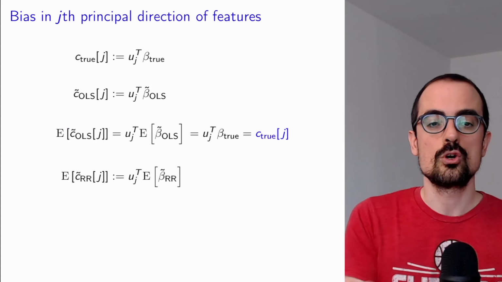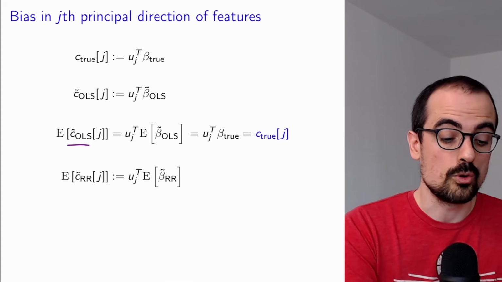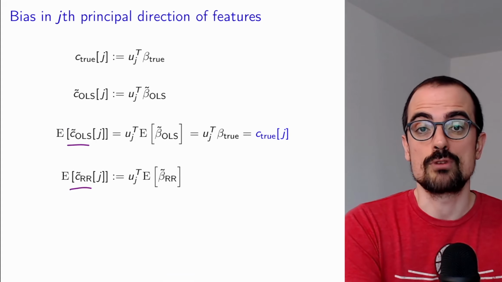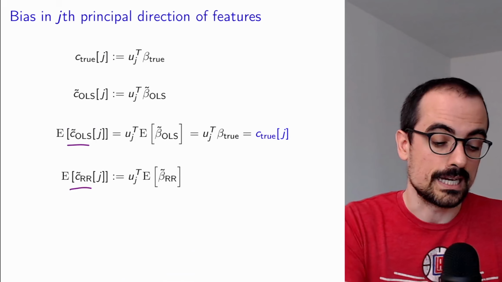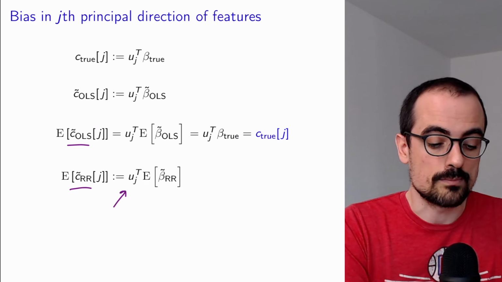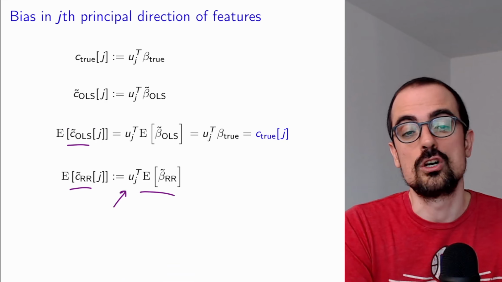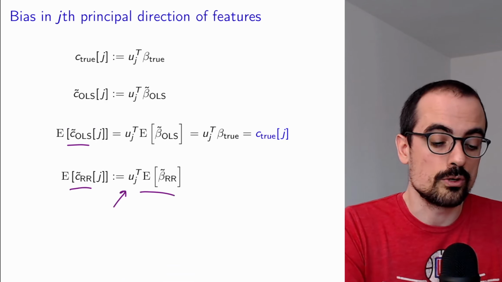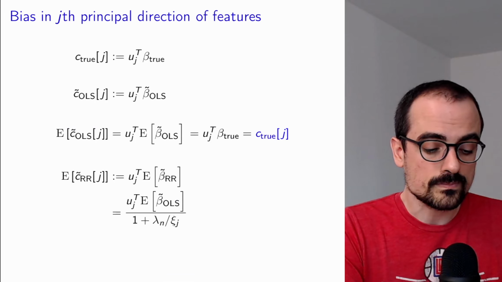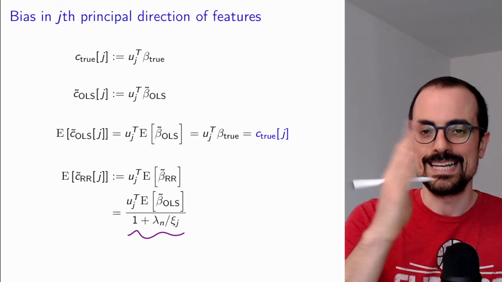So this is for OLS. When we look at the amplitude of the ridge regression coefficient in that direction, again by linearity of expectation, it is just the inner product between that principal direction and the mean of the ridge regression coefficients. We know that the ridge regression coefficients are equal to the OLS coefficients divided by these shrinking factors in each of the principal directions.